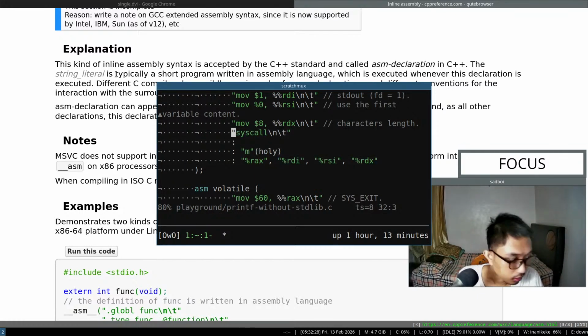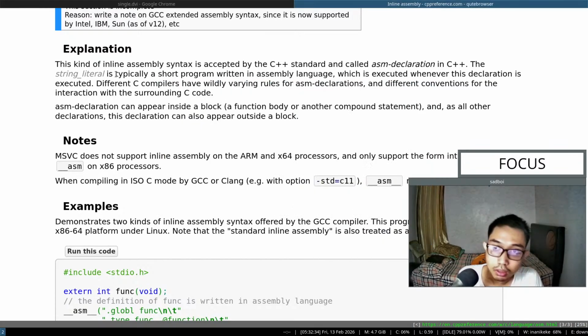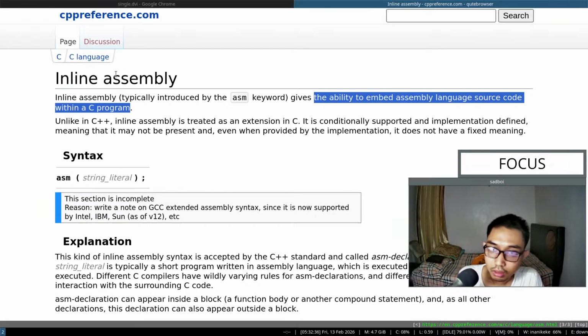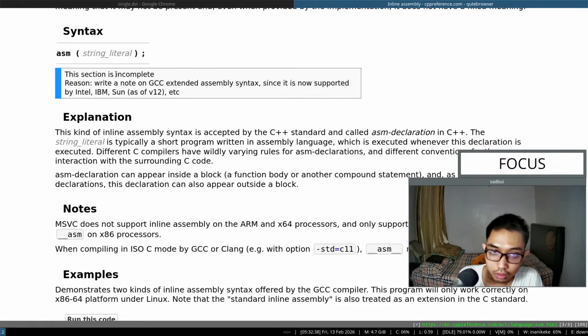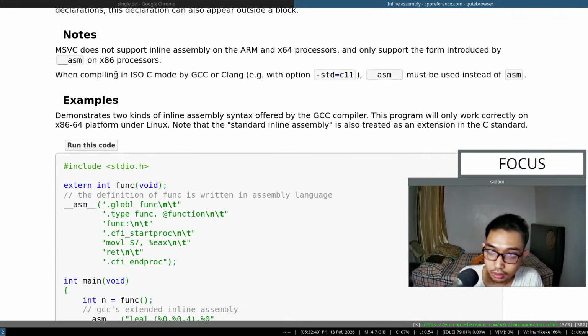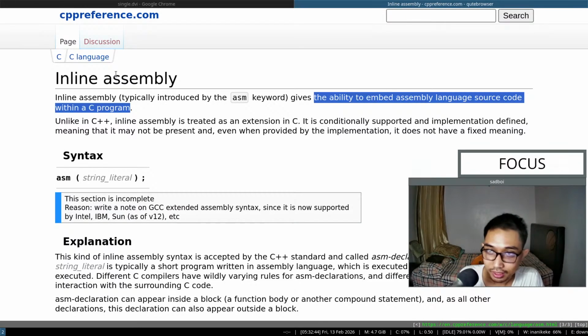As far as I understand, yeah, we can use assembly to talk directly with the kernel. I mean, I'm still not sure either.